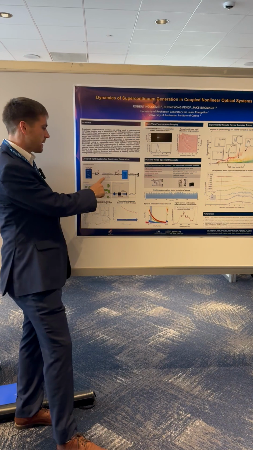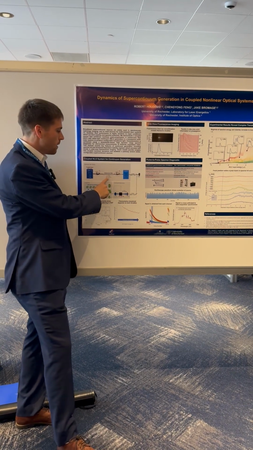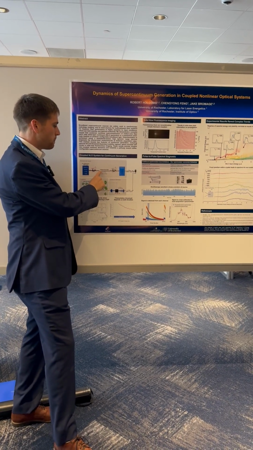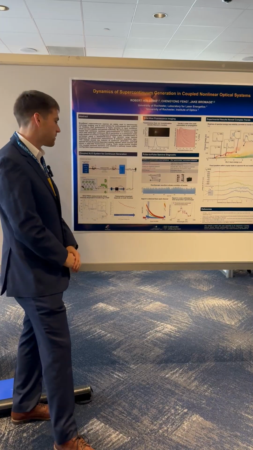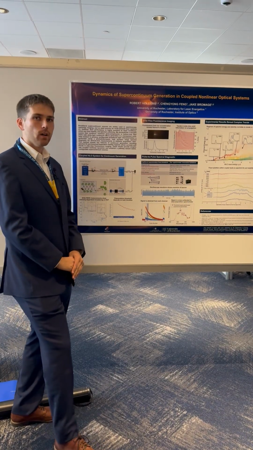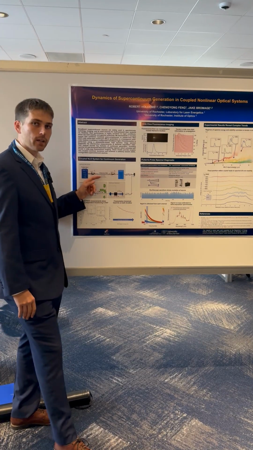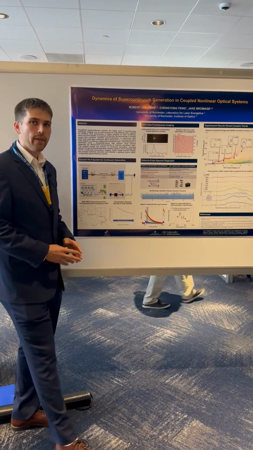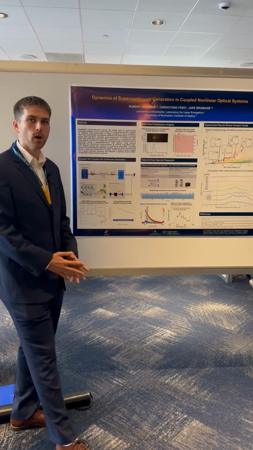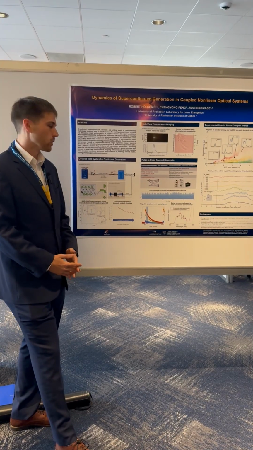So what we do is we send it first through a hollow core fiber where we confine the pulse to a gas, in this case argon, where the self-phase modulation inside the argon broadens the spectra and then allows us to compress the pulse temporally to shorter durations.